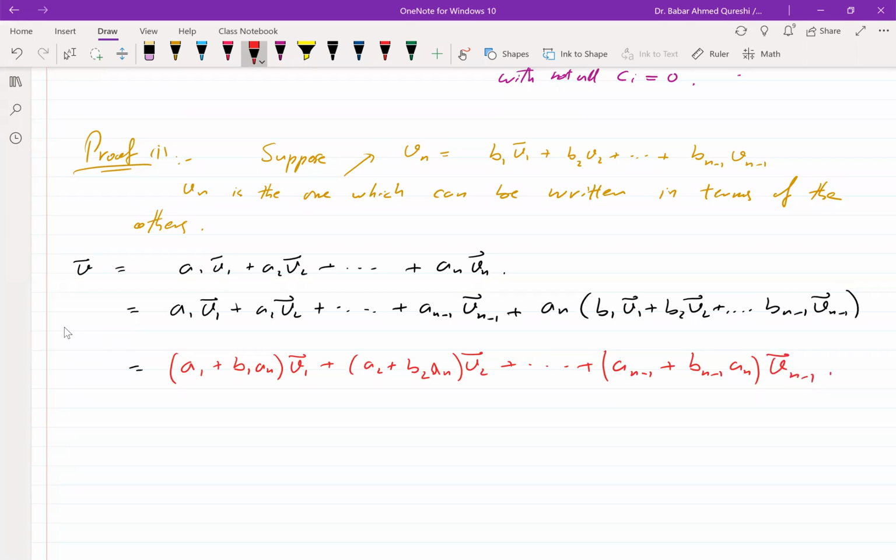So I will be able to write, because one of them is just a linear combination of the others, I can collect the coefficients and I will be able to write any vector in terms of the rest. So that means the rest still span the vector space.